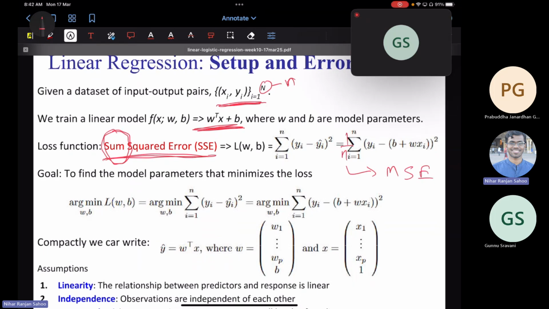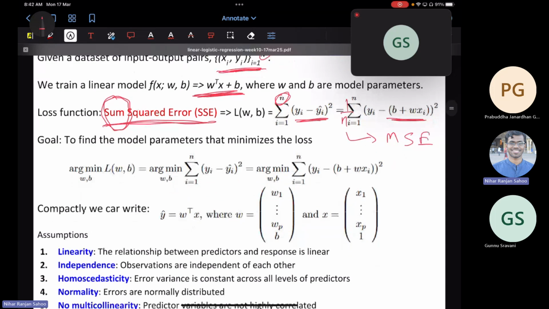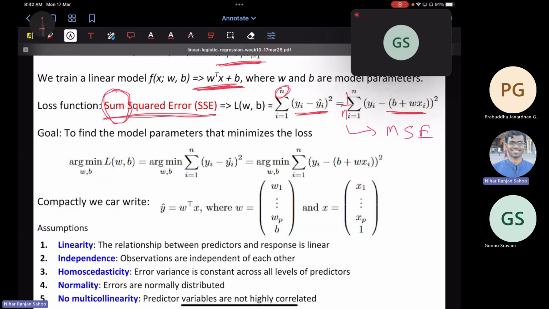So what is this error? For every input data point, the difference between yi and yi hat, and the square of it. Then yi hat you parameterize through b and w, so this is b plus w xi. What is the goal of our learning algorithm? We want to find those optimal w and b that minimize this function.